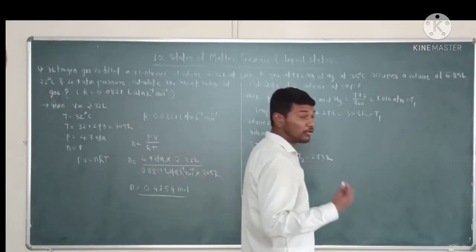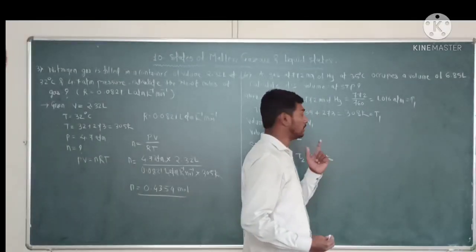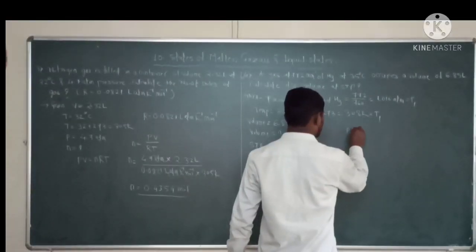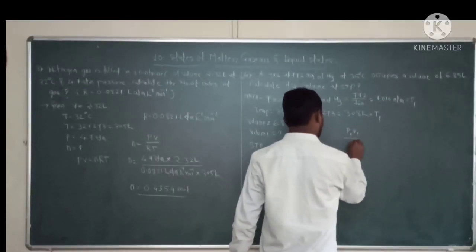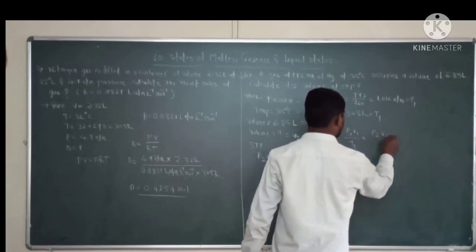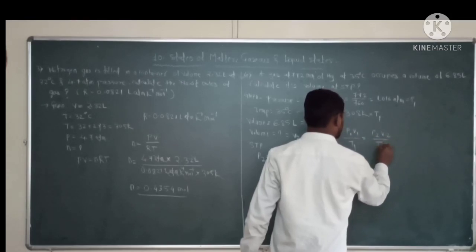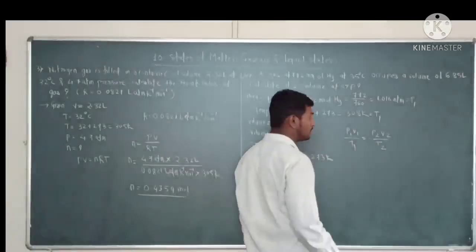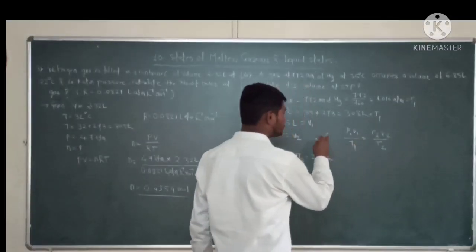Now this numerical is based on the combined gas law. Therefore, use the formula of the combined gas law, that is P1 V1 divided by T1 is equal to P2 V2 upon T2. Okay. Now rearrange this equation.